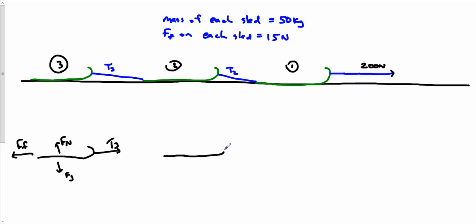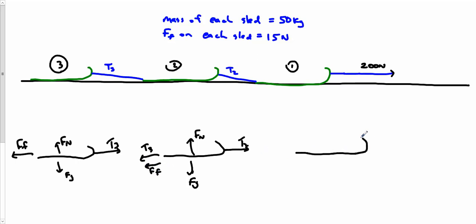Here's number 2: T2 is this way, FG, FN, and T3 is slowing this down, and friction is slowing this down. And then the last one, I've got this force of 200 newtons, FG, FN, T2, and I also have a force of friction. So here are my free body diagrams.